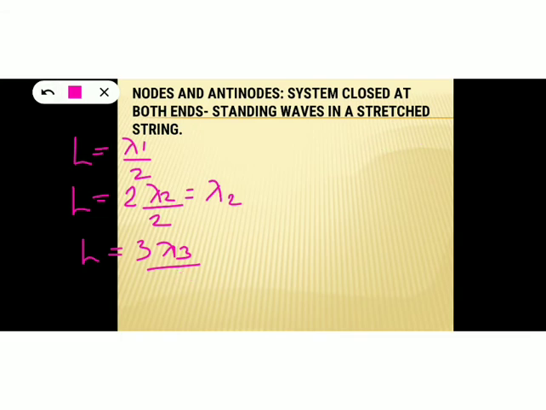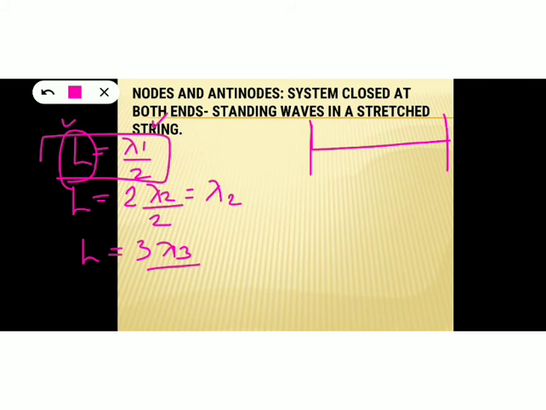Suppose the string vibrates in the fundamental mode or in the first harmonic. How many waves are supposed to occur there? As per this relation, L is equal to lambda by 2. That means within the length L of the string, only lambda by 2 is formed, that is, half of the wavelength. This is one complete standing wave, so half of this wave is this segment.